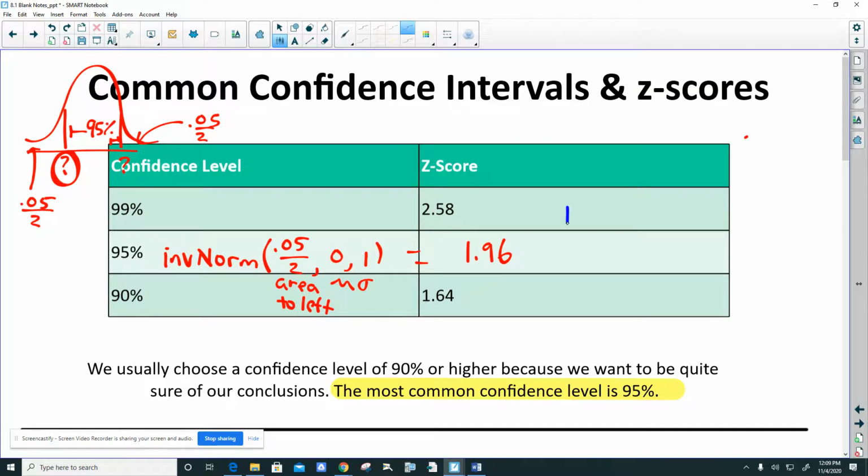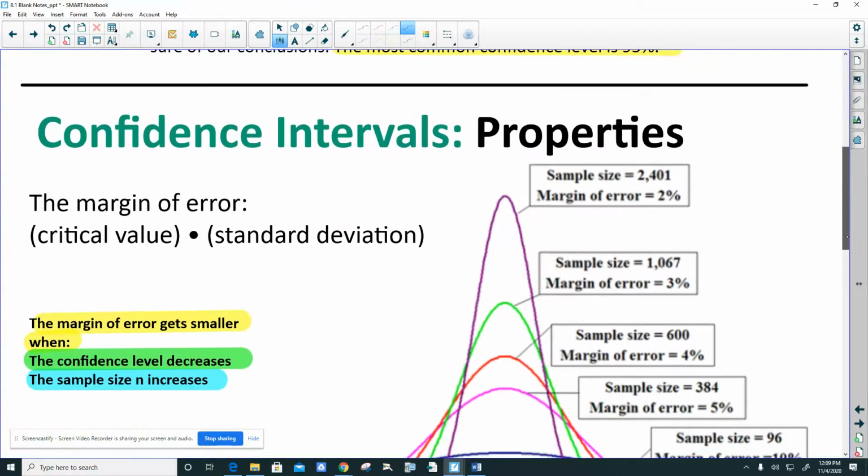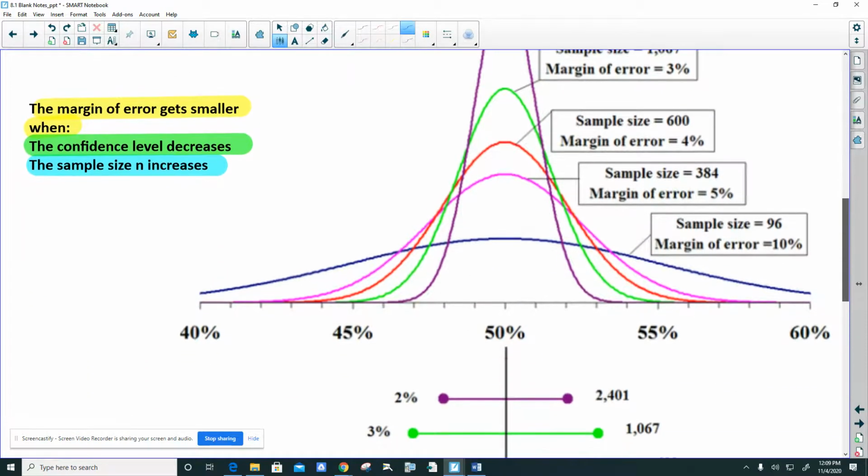Okay, the 99%, it would have been found by essentially doing the same thing. That extra 1% is split between the two tails, and you would type that into the calculator. Okay. All right, so just a couple last things here to kind of highlight. We want to make sure that we are familiar with the fact that as the margin of error shrinks, that also causes your confidence level to shrink, but it shrinks as a result of your sample size increasing.